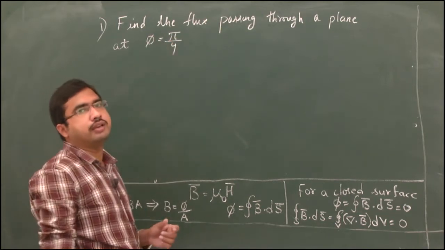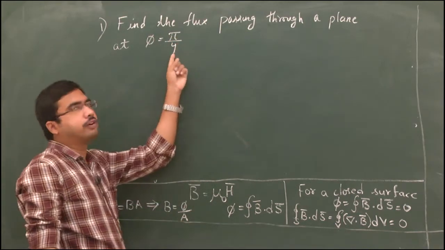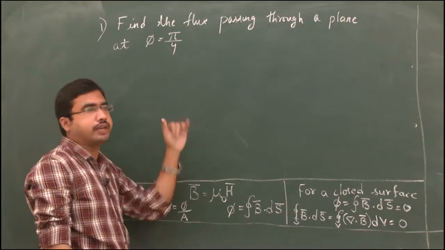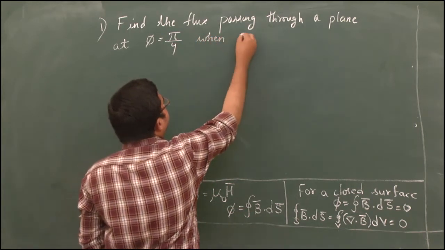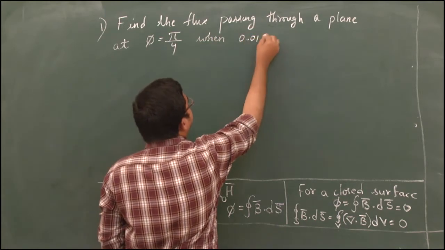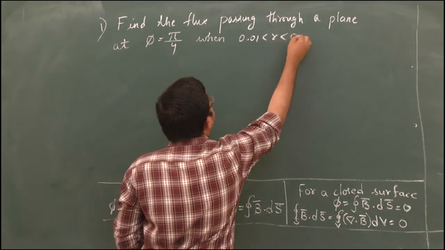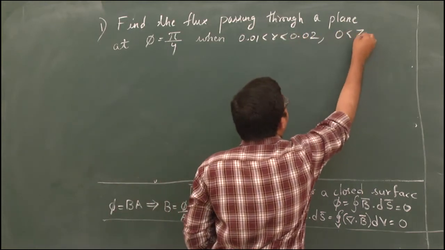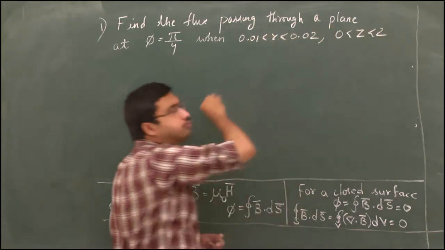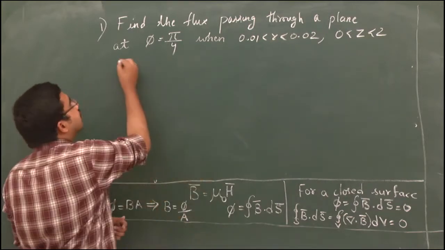That means your plane is at an angle of pi by 4, meaning 45 degrees from the reference, when the limits are r varying from 0.01 to 0.02 and z varying from 0 to 2. These are the limits.